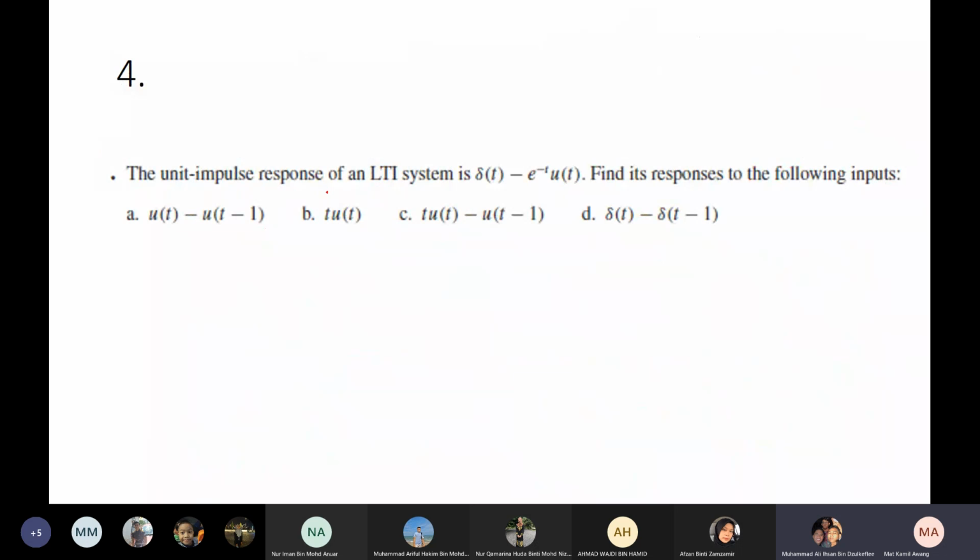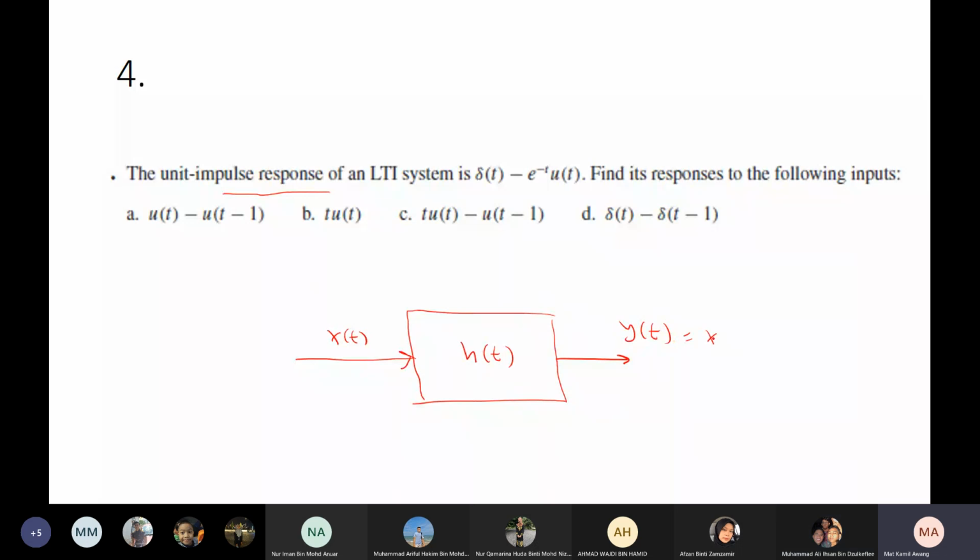What does it mean by unit impulse response? Then you have the signal, you have the system. A unit impulse response is basically that, and in here is h of t. So y of t is basically x of t convolved with h of t.